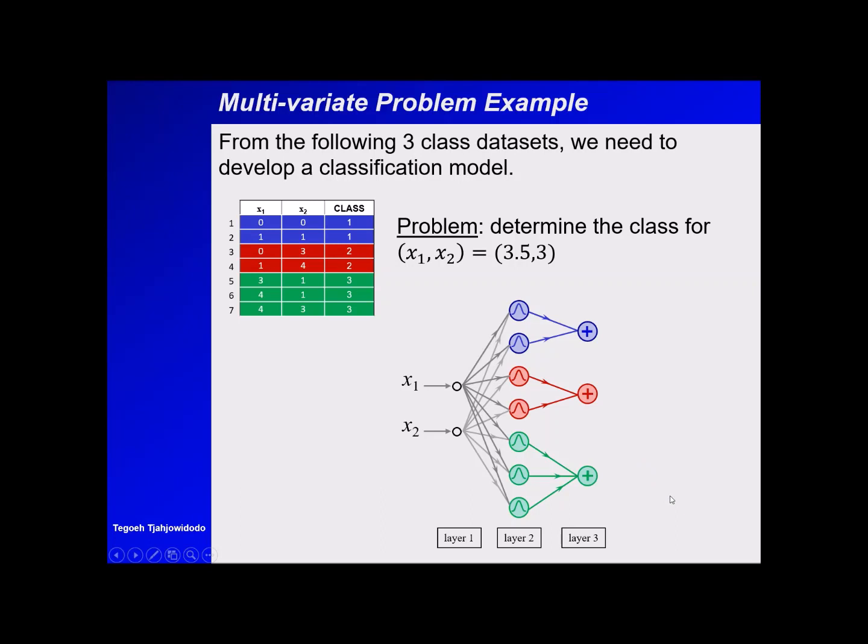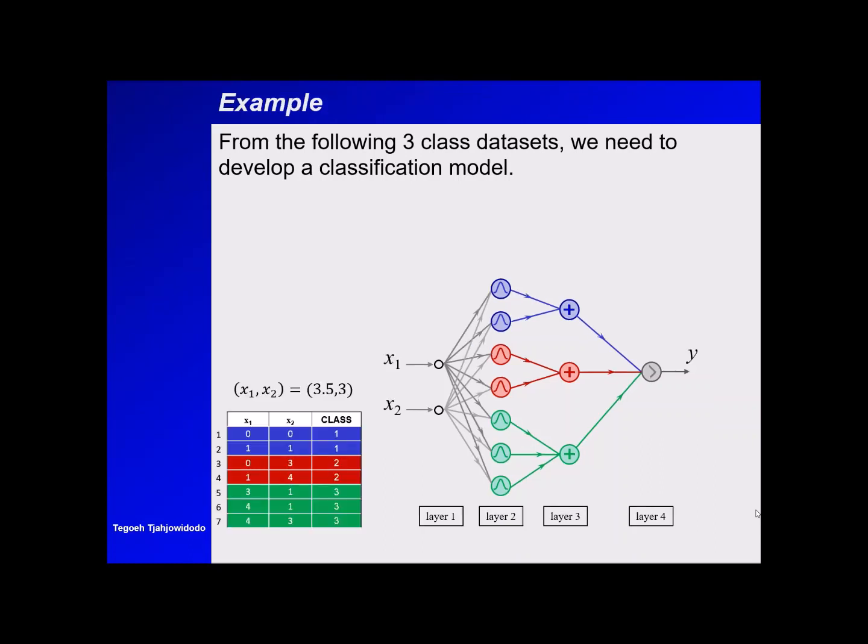And then the last one is the competition, which one is the largest. That will tell us the class of this new individual x1, x2. Okay. Let's try to calculate it one by one. I will not calculate them all, but this is just to give you an illustration of how I calculate it. Let's start from the very first neuron.